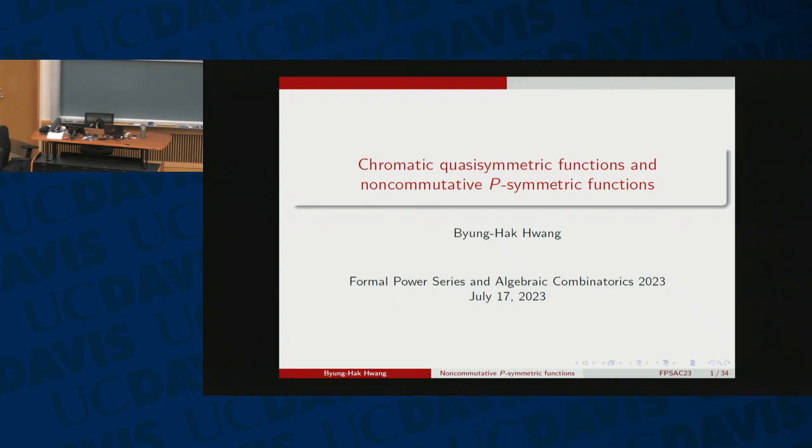You can find more information about the graph theoretic interpretation in the extended abstract. Second, I'm not good at English, so I have tried to write my slides as detailed as possible. If you have trouble understanding my talk, please feel free to ask anytime.